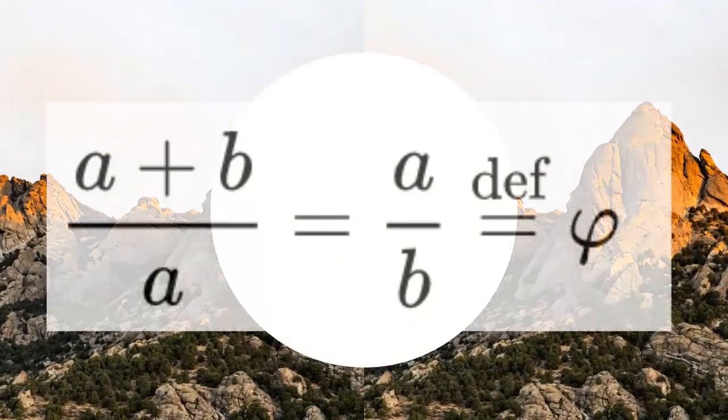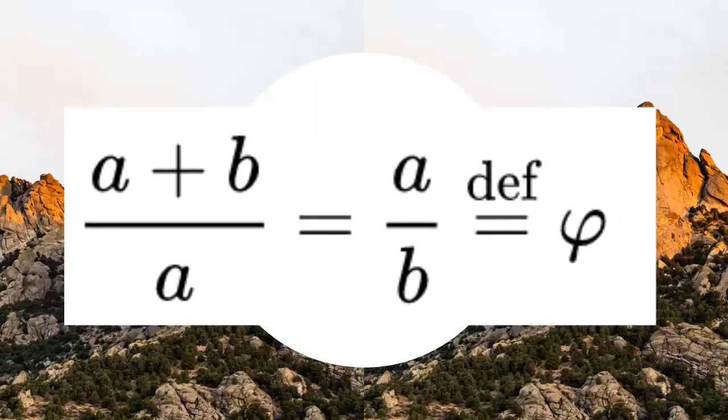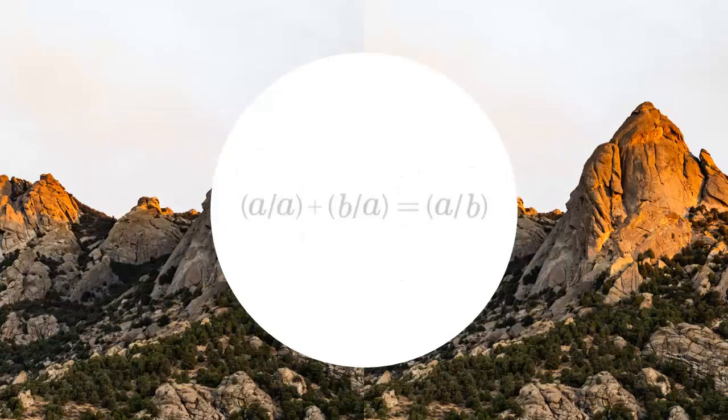So there is an equation: (a plus b) divided by a is equal to a by b. And if we call phi the golden ratio, or a by b, you will get an equation: 1 plus b by a is equal to a by b.